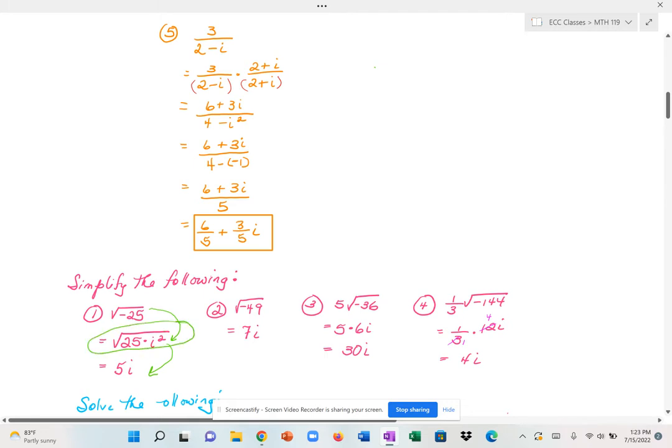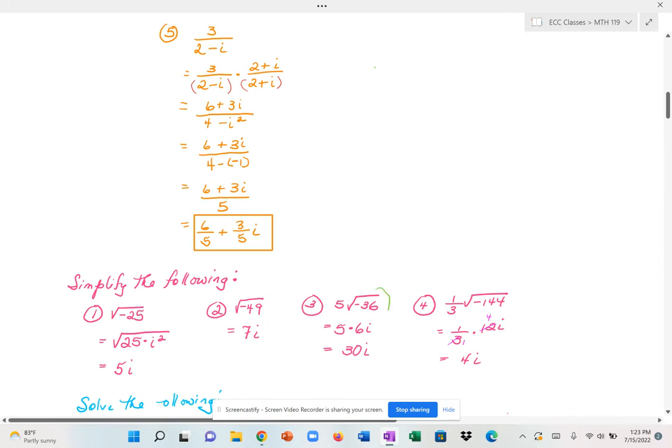This step right here, if you understand it, you don't really have to write it out. If it helps to write it out, you can certainly do that. But in these following examples, I didn't write that second step. The square root of -49 is 7I. In number 3, I have to multiply 5 times the square root of -36.